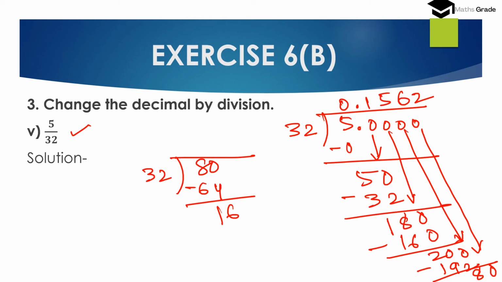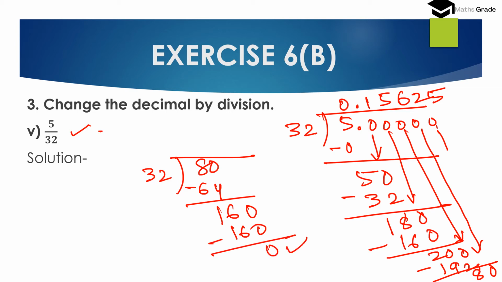Now put one more 0 here. Write this 0. So 160. Now in the table of 32, if we multiply 32 with 5, 32 multiplied with 5 is 160. Now 160 minus 160 is 0.